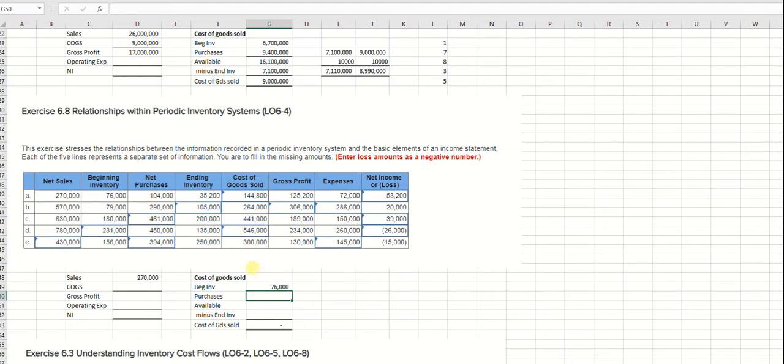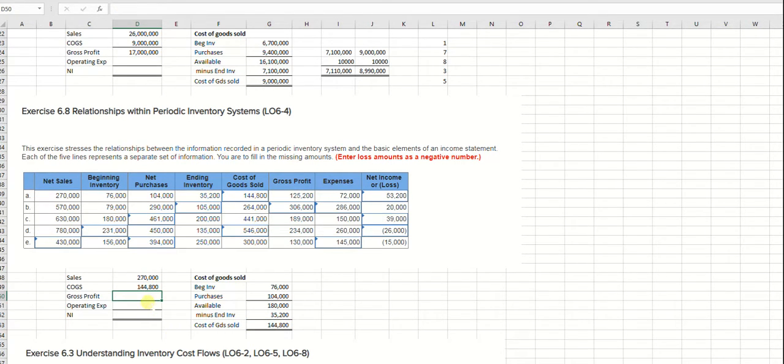My net purchases are 104. So now I can add up my beginning inventory plus purchases to get my available. Tells me my ending inventory is 35,200. So now I can take my available minus ending inventory to get my cost of goods sold. That cost of goods sold comes up here.